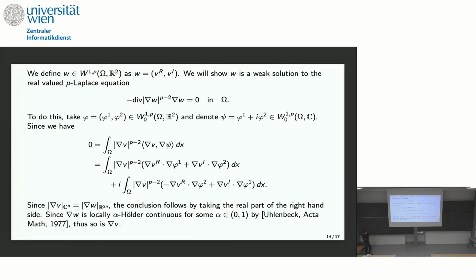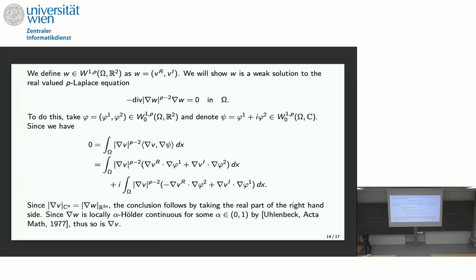The imaginary part is messy, but if we just take the real value of this one, then the gradient of V is equivalent to the gradient of W because they are the same. So we can replace here by gradient W, and here is the first component of gradient W and the second component of gradient W. So this proves this claim.